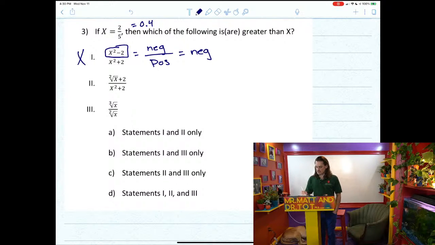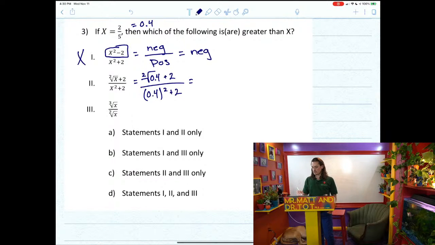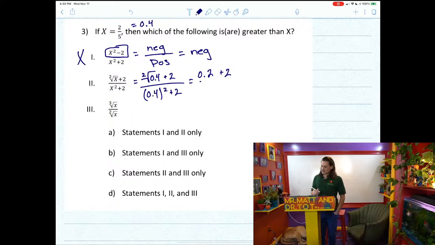So I'm going to take the square root of 0.4 plus 2 over 0.4 squared plus 2. 0.4 squared is going to be 0.16.